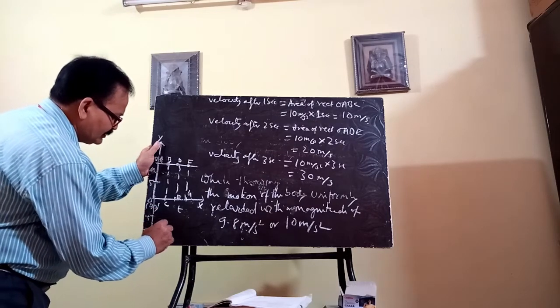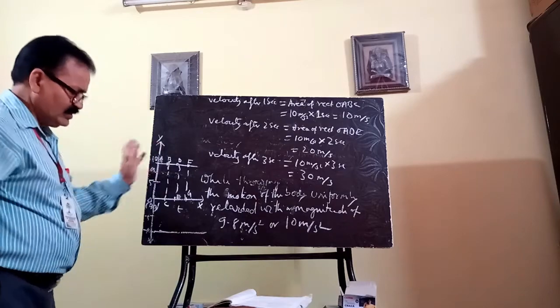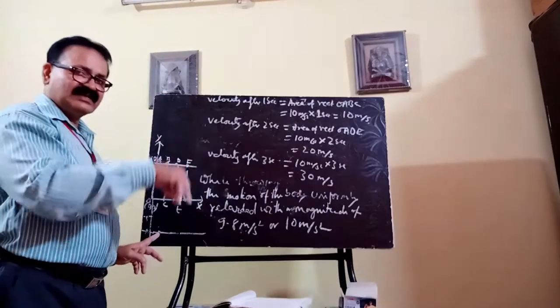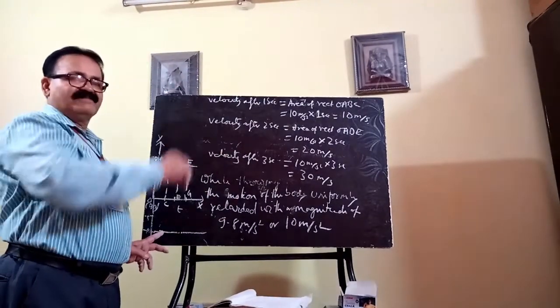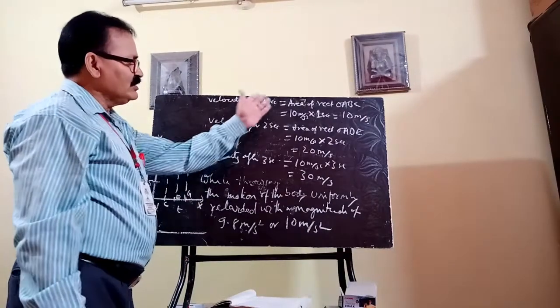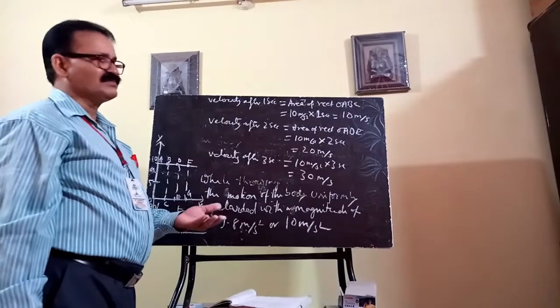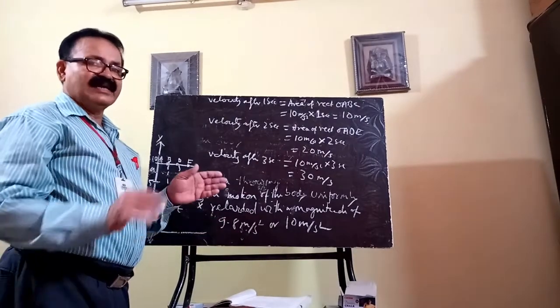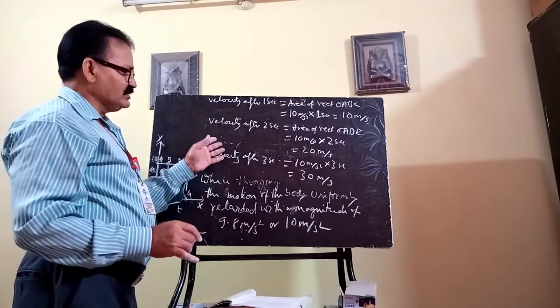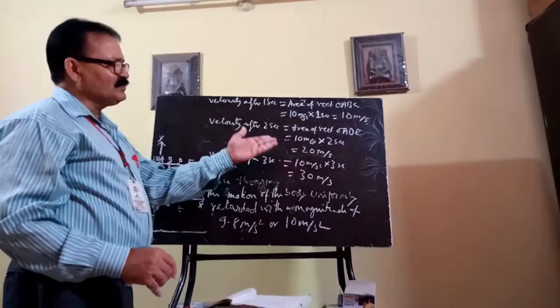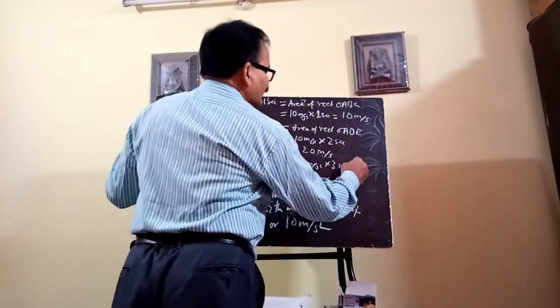So this will be the acceleration time graph when the body is thrown vertically upward. In that case also, you can find the area enclosed in every consecutive second with your time axis, then you will get the velocity. This velocity can also be plotted in your velocity time graph.